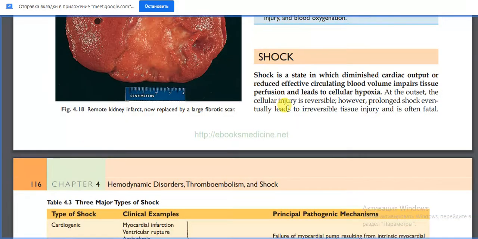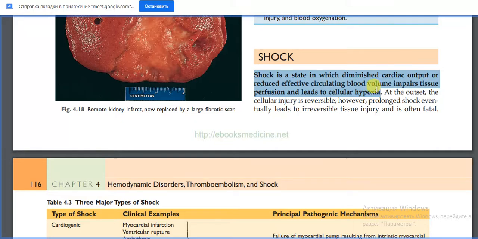Okay, now finally let's talk about shock. Shock is a state in which diminished cardiac output or reduced effective circulating blood volume impairs tissue perfusion and leads to cellular hypoxia. Please remember this definition, because we used to think shock is something emotional. Yes, "I'm shocked", this expression confuses a lot of students.